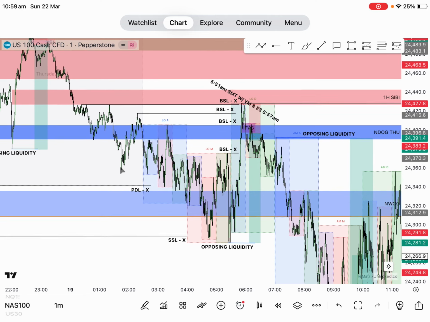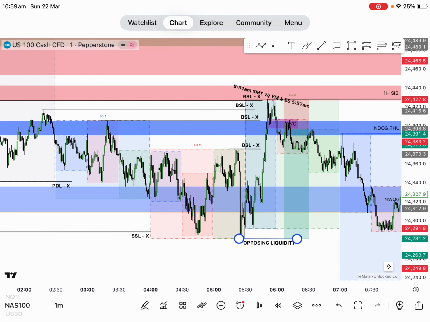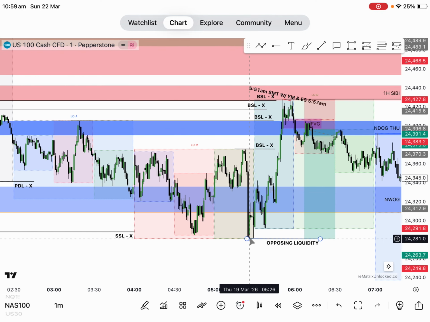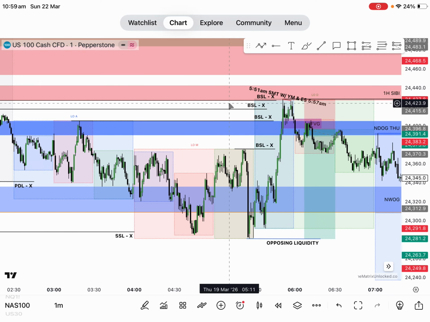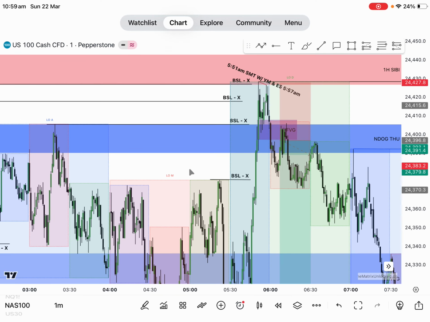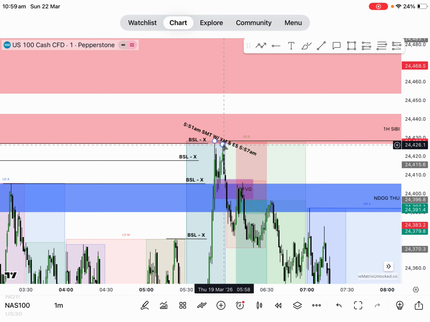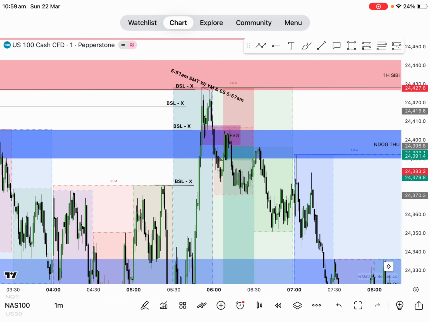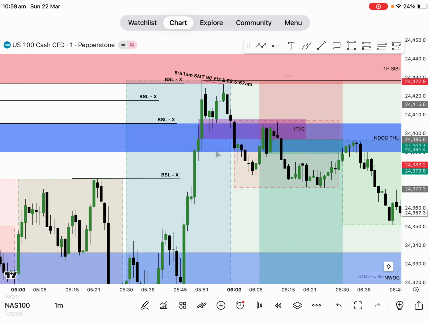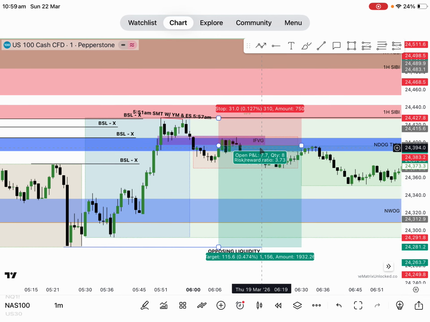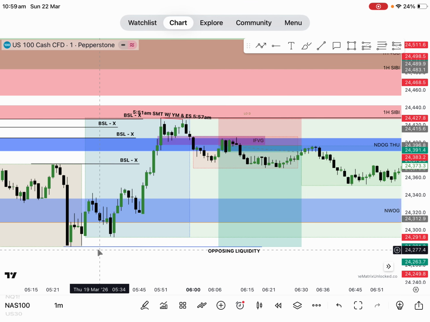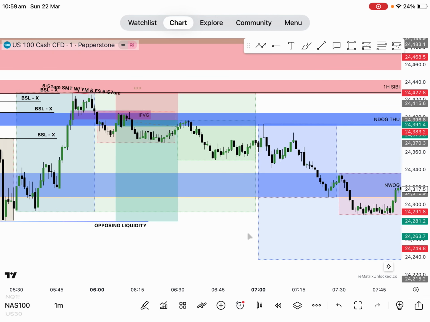When it runs up to here, and then it just quickly runs up to get all these buy side liquidities and to stab on the 1 hour CB. As soon as you see the stabbing inside 1 hour CB and the SMT, boom, there is a confluence. First presented IFVG, sorry. Stop loss, boom. 3.73 risk to reward down to the opposing liquidity.